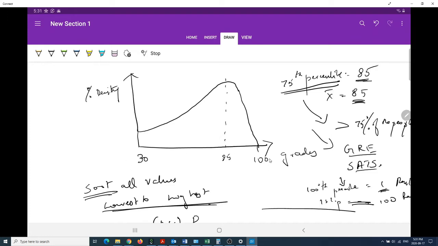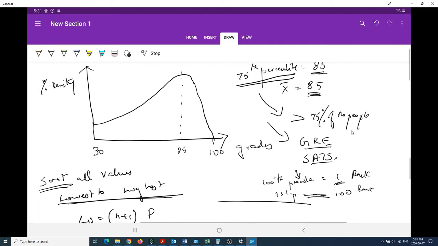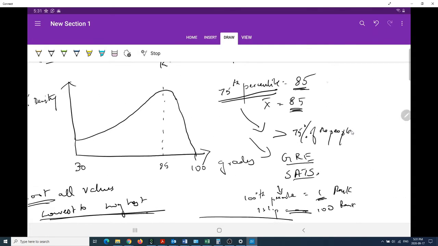If the 75th percentile is equal to 85, and you scored 85 over here, that means you're greater than 75%. Your mark is greater than 75% of the people, if 85 corresponds to the 75th percentile.